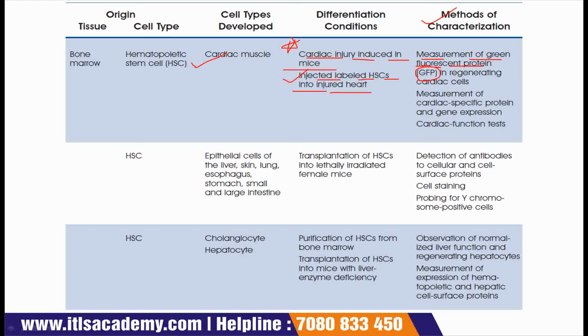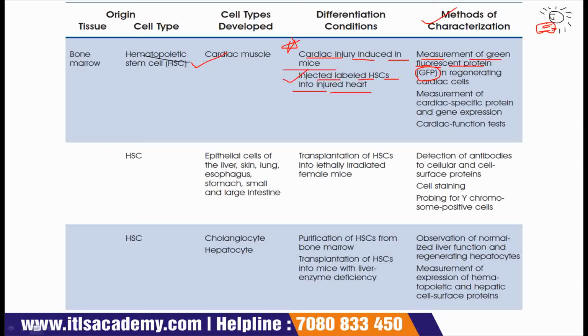GFP is a fluorescent protein. What does it mean? If we take any kind of protein as an example and tag it with a fluorescent molecule, the fluorescent molecule has the capability to glow.